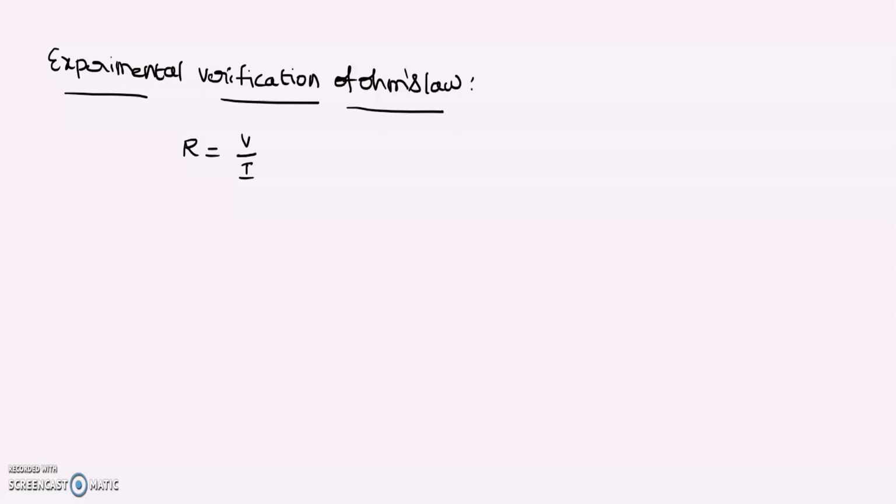The slope of the straight line on the VI graph: I is taken along the x-axis because this is the independent variable, and potential difference V along the y-axis.